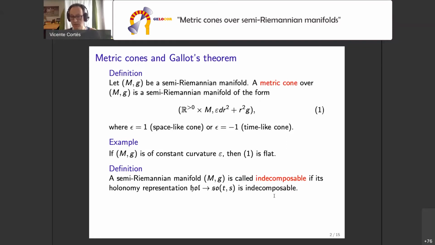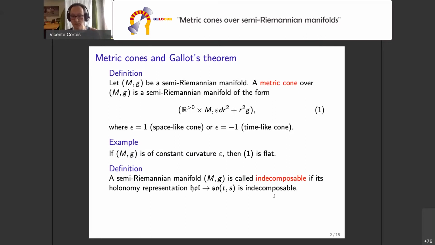This may look a bit strange to you because you know the notion of irreducibility for representations of compact groups, for instance. But here, since the metric is not positive definite, we cannot assume that our representation is completely reducible, so it's not necessarily a sum of irreducible representations.